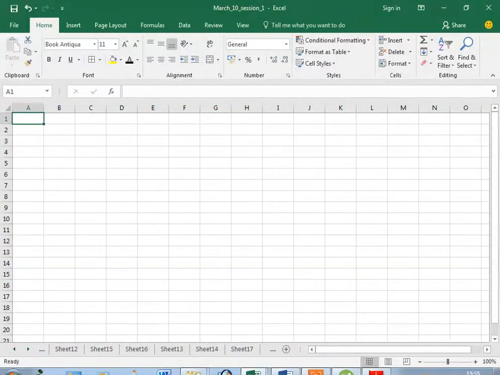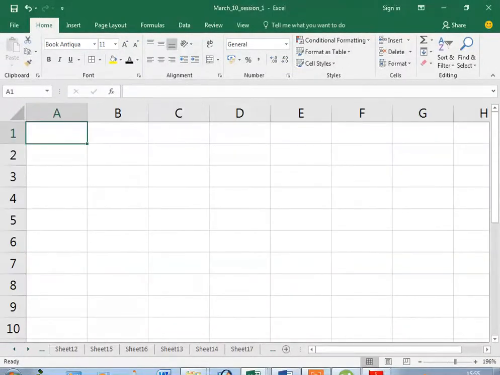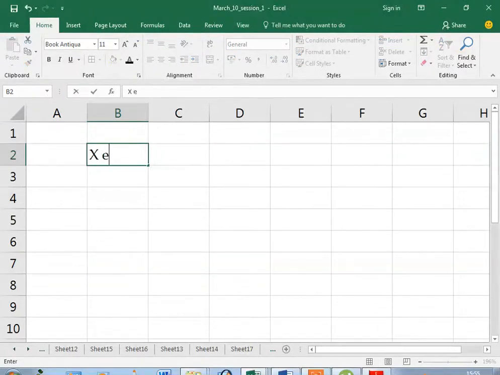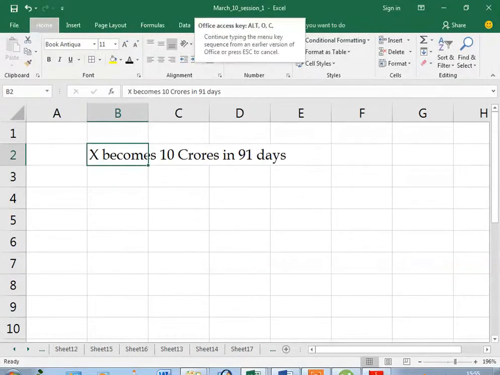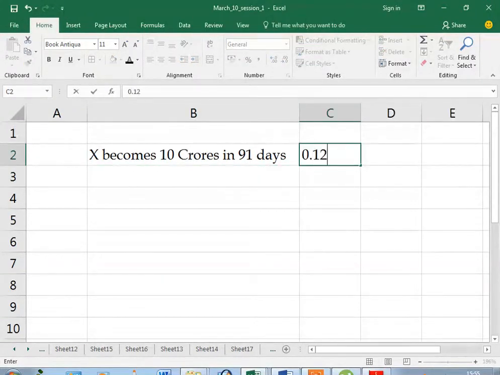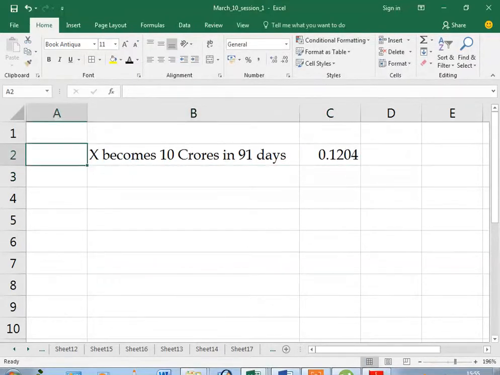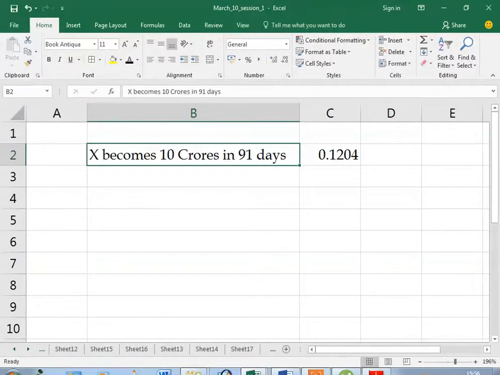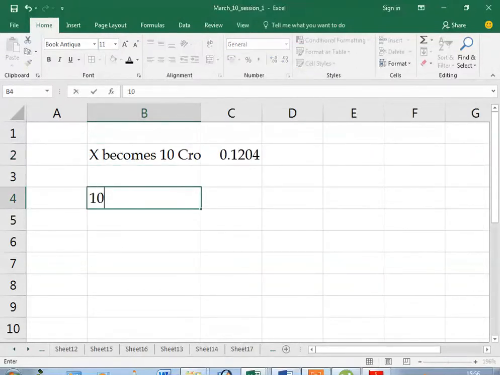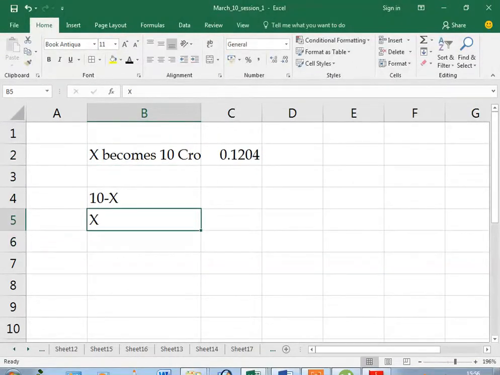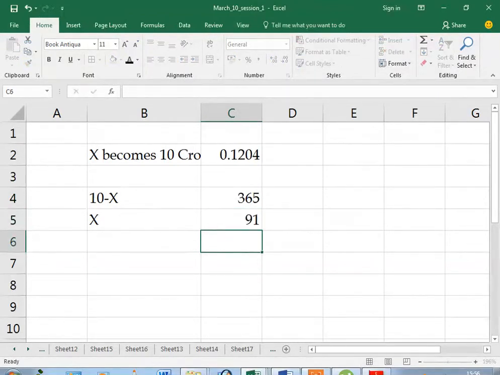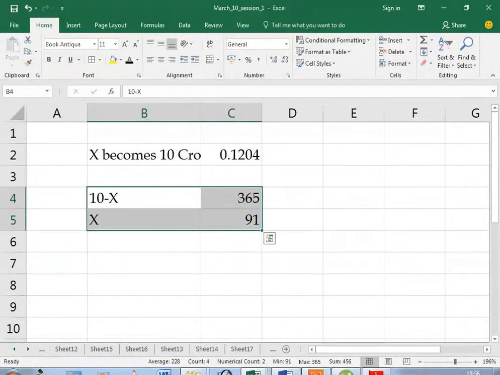In 91 days, effective rate is 0.1204. Your answer, let it be 4 decimals because we are doing it in crores.